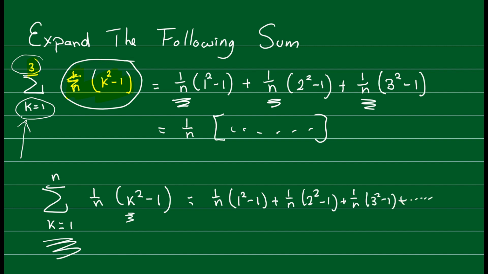All right. What are the last terms of my sequence? Well, we know that this is going to stop when k is equal to n. So this is equal to 1 over n. But remember, into what index are we substituting this? We're substituting into this one. So now it becomes n squared minus 1. This was not affected by the k number. But if we notice, all of them have that.